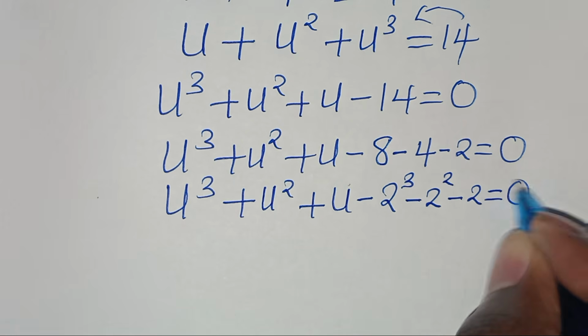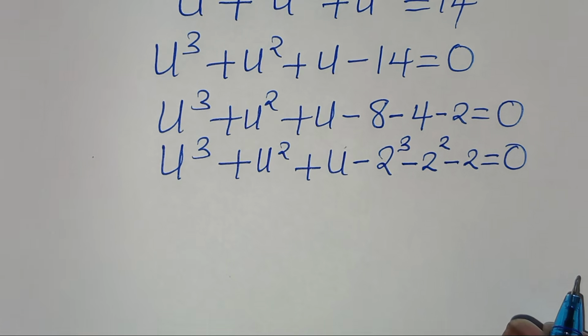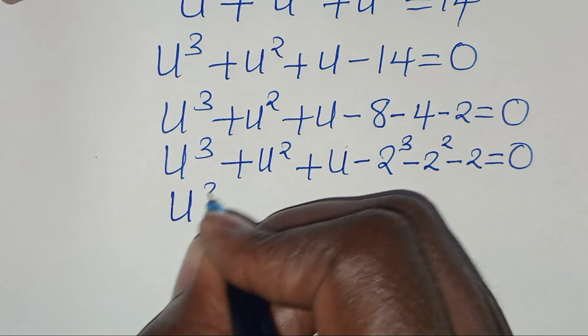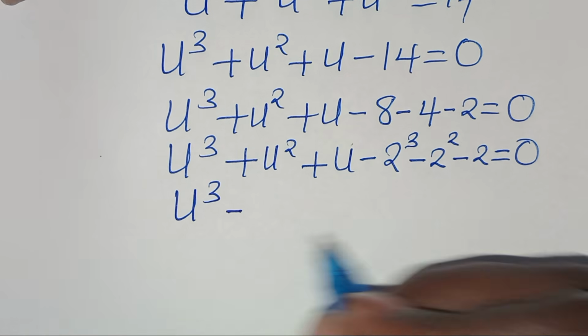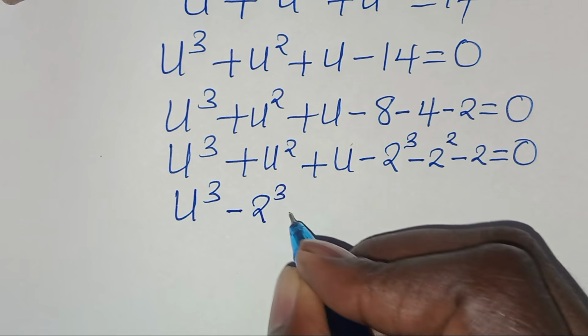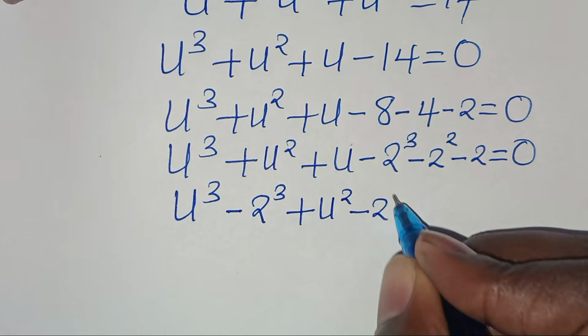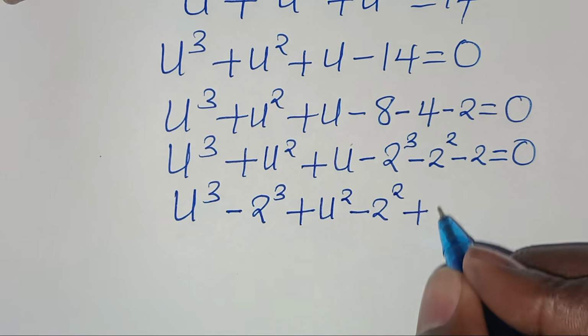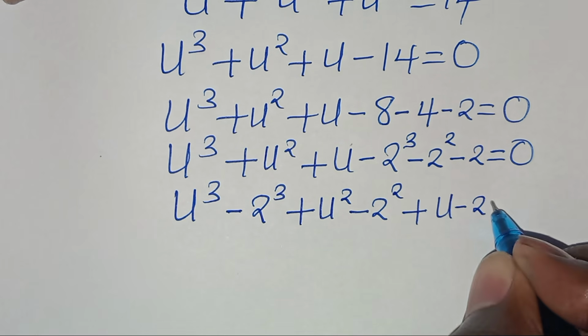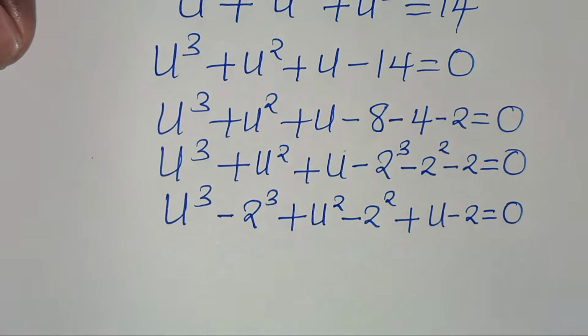This is equal to 0. So we have u to the power of 3 minus 2 to the power of 3 plus u to the power of 2 minus 2 to the power of 2 plus u minus 2. This is equal to 0.